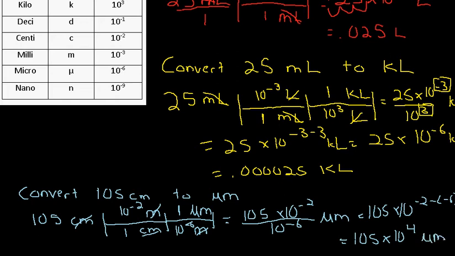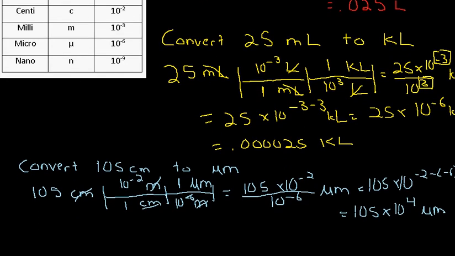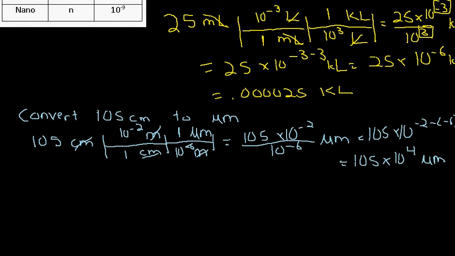And if you want to convert this, you move the decimal 4 places to the right. So after moving this 4 places to the right, this would be 105, and moving it 4 places to the right gives us 4 zeros, micrometers. And we'll do one more example in this video. So we'll just do one additional problem.